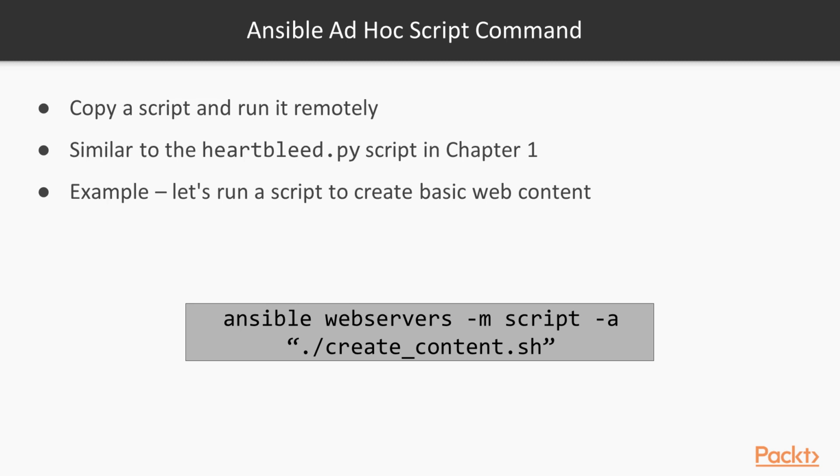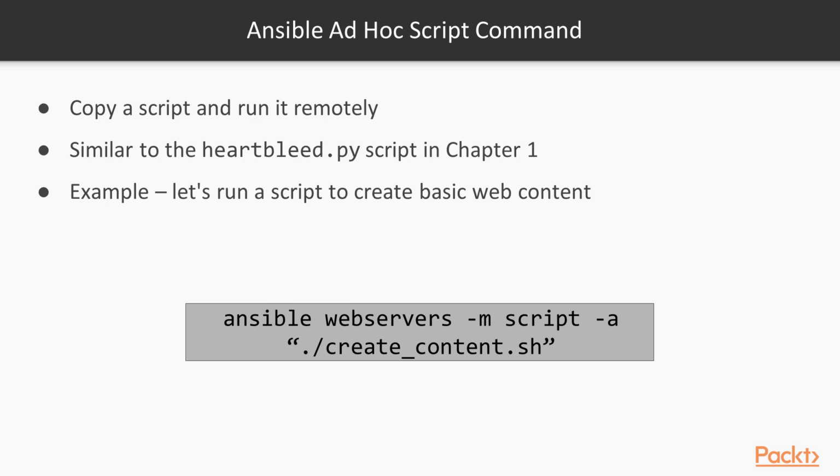Now, if you remember back in Chapter 1, we did a very brief proof of concept using the Ansible script module, except in a playbook form, to copy the heartbleed.py script to all of our servers and then check to see if they were vulnerable to the Heartbleed exploit. This is very similar to that. The only difference is that we're going to be copying a shell script to each one of the hosts, and then the script module in Ansible is going to be executing that script.